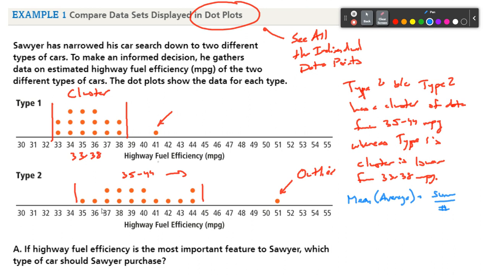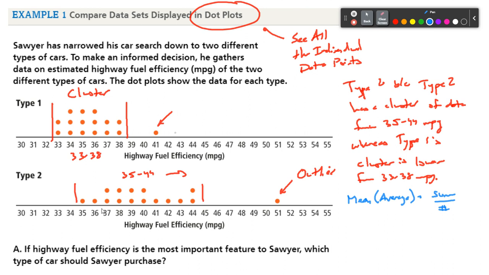I'm going to do this with a handheld calculator, so sorry to not do this on Desmos. So 33 plus 33 plus 34 plus 34 plus 34 plus 35, plus 35, plus 35. Again, however many dots I see on that number, that's how many times I type that number. Plus 36, plus 36, plus 36, plus 37, plus 37, plus 38, plus 38, plus 41.